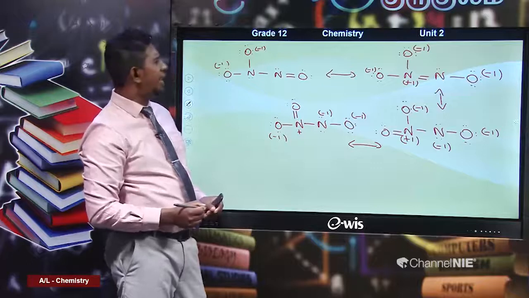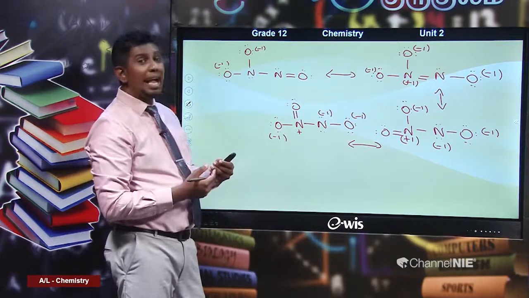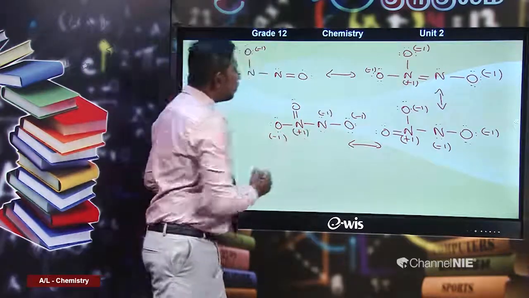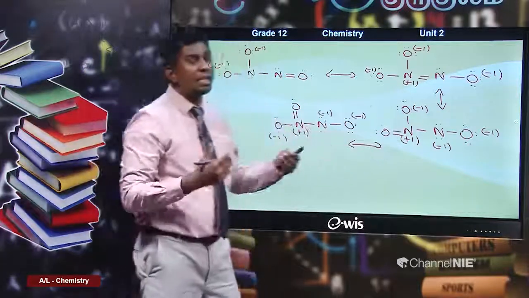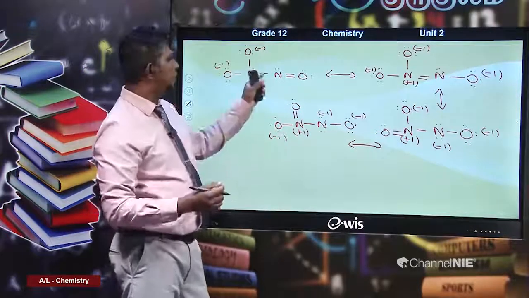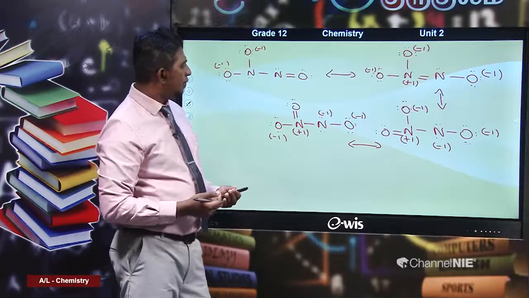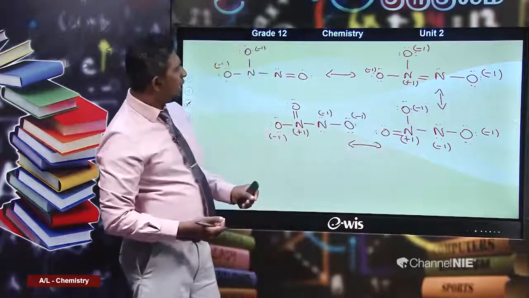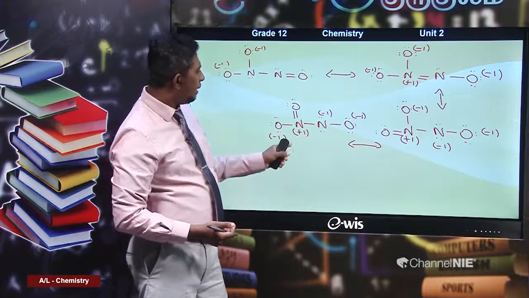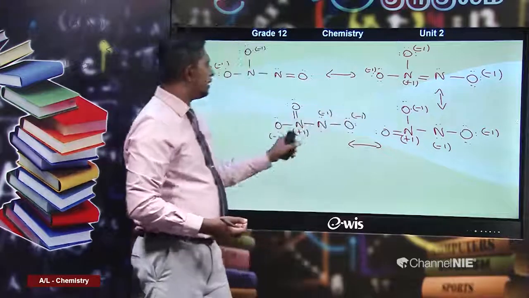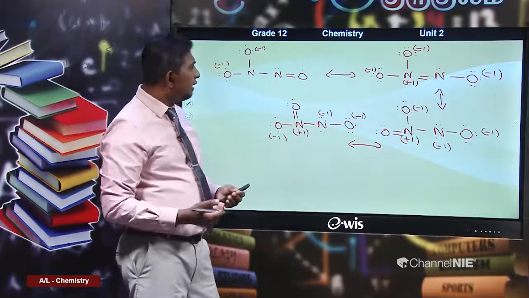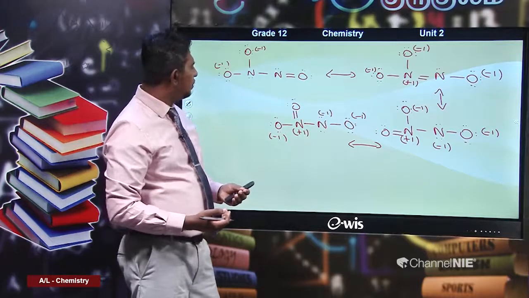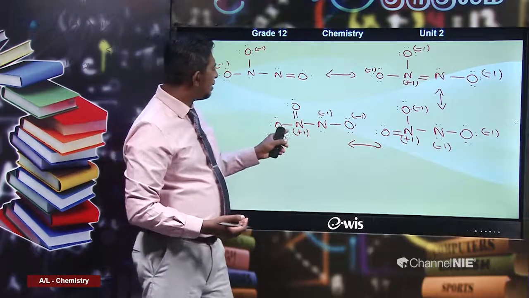In the question they have asked us to mark them as unstable and less unstable. When you compare these all, you could find that all are having 4 charges. Therefore, all compared to this are unstable. Then when you compare this with these two, students, you could find all these having a plus charge on nitrogen. So there's no difference that you could notice regarding those 3. But you have minus charges here.